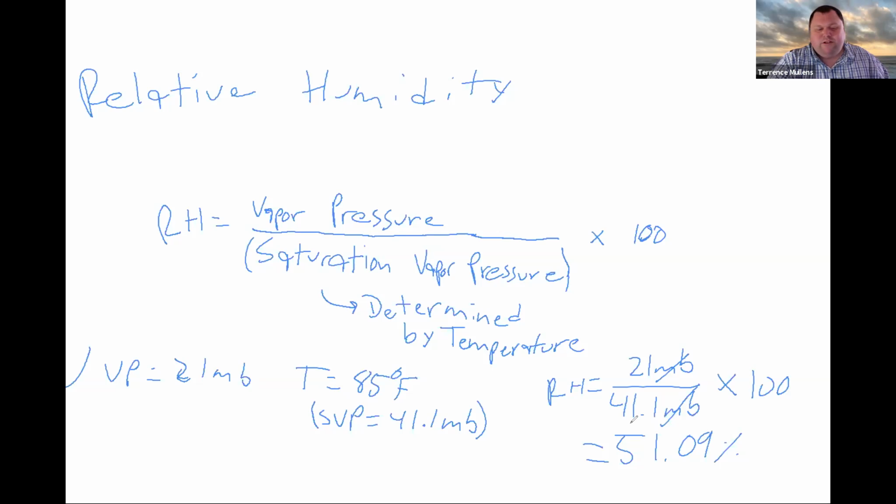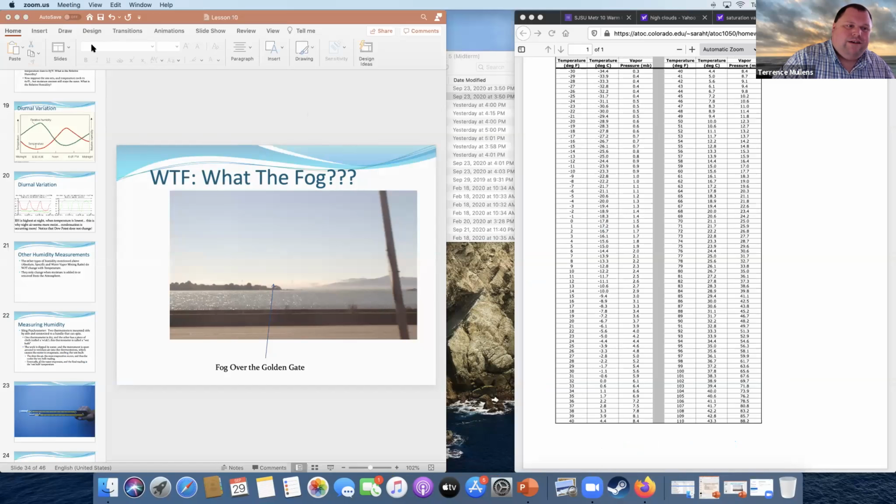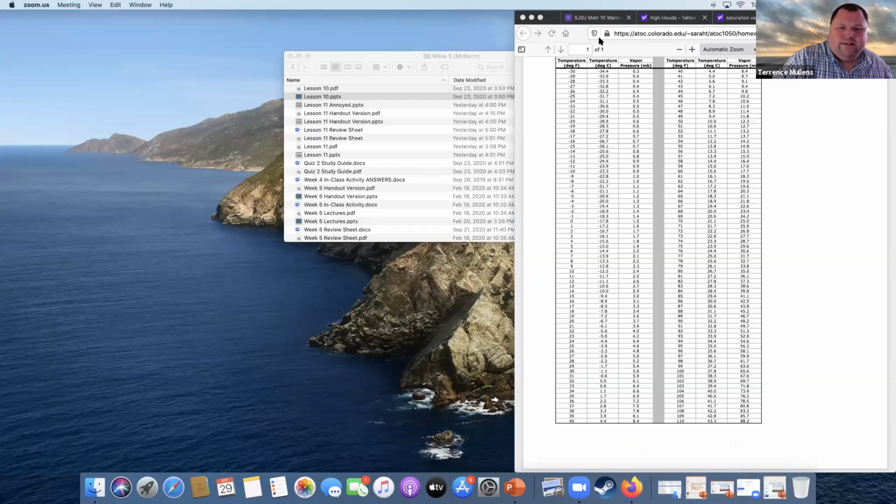Using this table over here, I can pull it up real quick. Sorry, give me 1 second here. A bunch of other stuff popped up when I didn't want it to. Okay. Using this table over here, for a temperature of 85, let me zoom in on that a little bit.